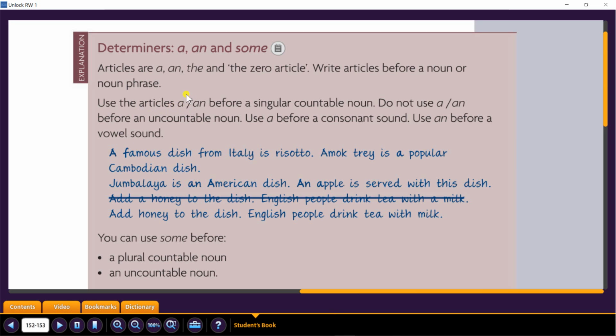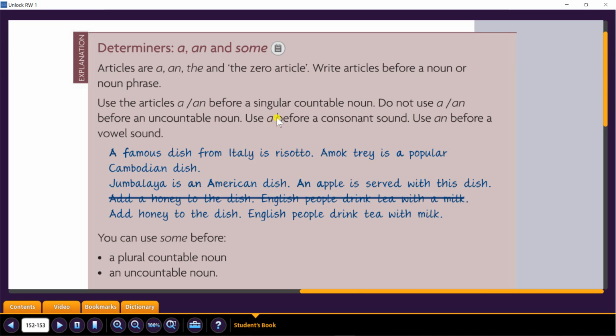So use articles a, an before a singular countable noun. This means we do not use a, an before uncountable nouns. So we cannot say a fish, a water, or a rice, because these terms are not countable. We cannot count them. So do not use articles a and an before uncountable nouns.